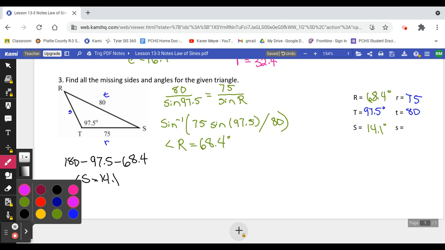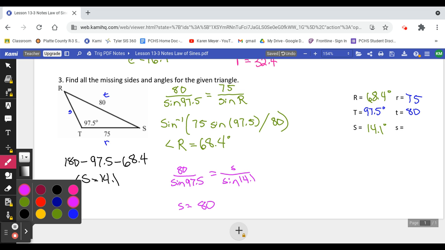So the one I knew both, 80 over sine of 97.5 equals little s over sine of big S, which is 14.1. Okay, we're trying to find a side, so no inverse. So cross multiply where you know both.